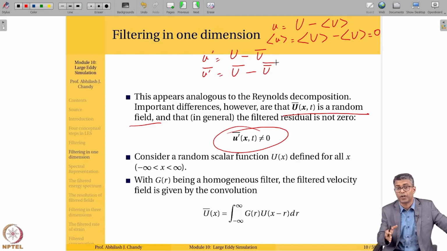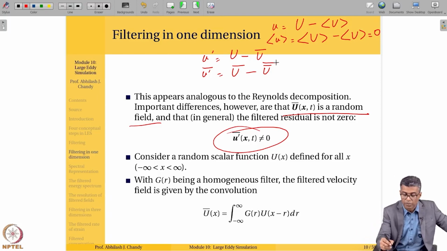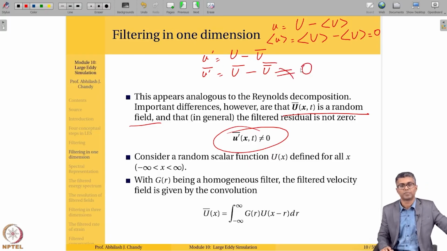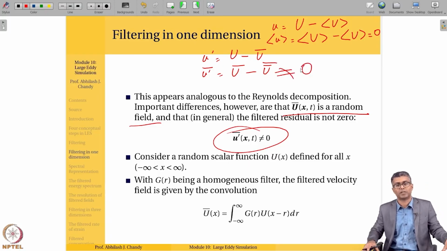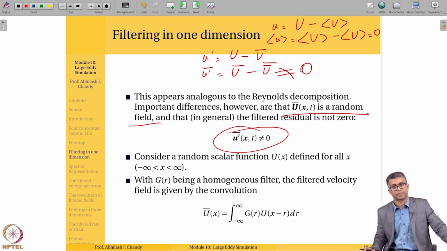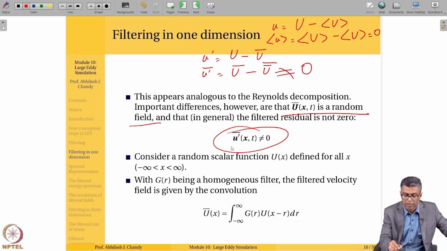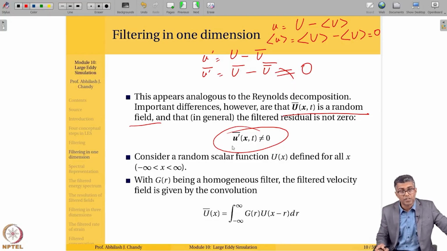U filtered is a 3D random variable, which means U filtered is not going to be the same as U double filtered, which is again going to be another 3D random variable. This is non-zero. You take one random variable minus another random variable, you're not going to get 0. If you get 0, it's a coincidence. So in general, the filtered residual field is not 0. Okay, that's an important difference.